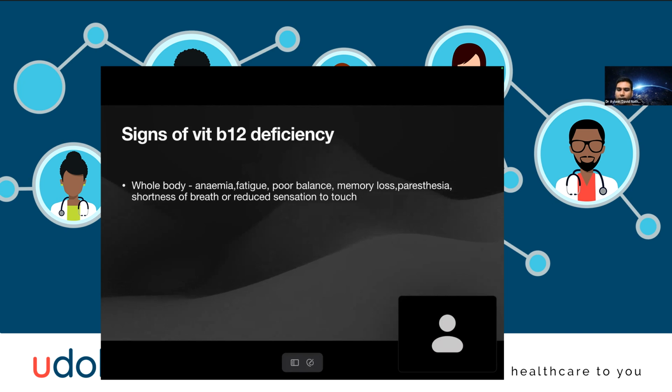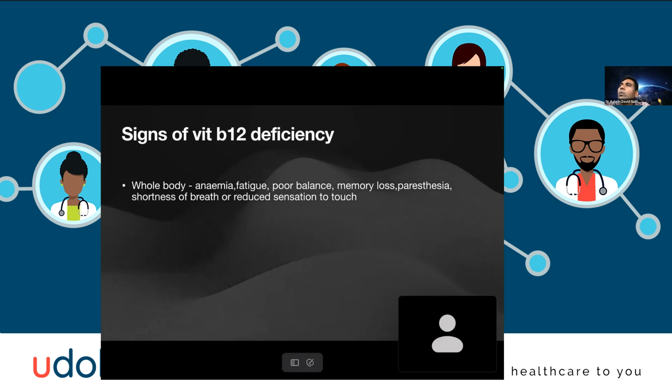Now, if we see any of these signs and symptoms occur, remember these things overlap with multiple different pathologies. But if any of these signs of vitamin B12 deficiency appear in a clinical setting, that should pique our clinical curiosity, and we should advise these patients to 100% investigate the matter further.